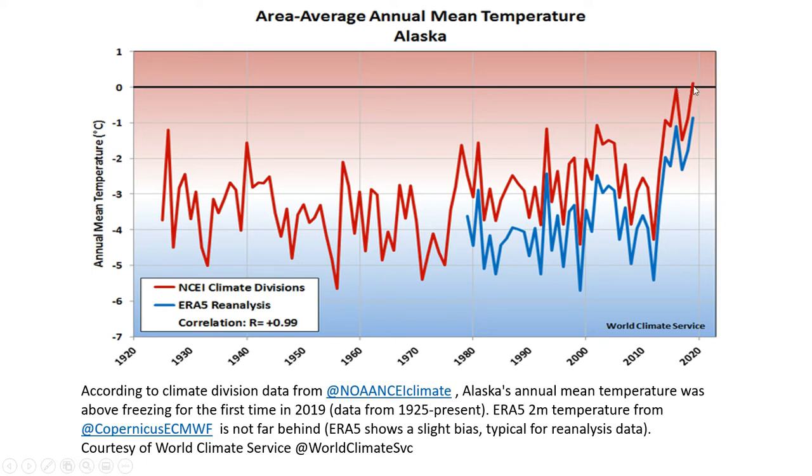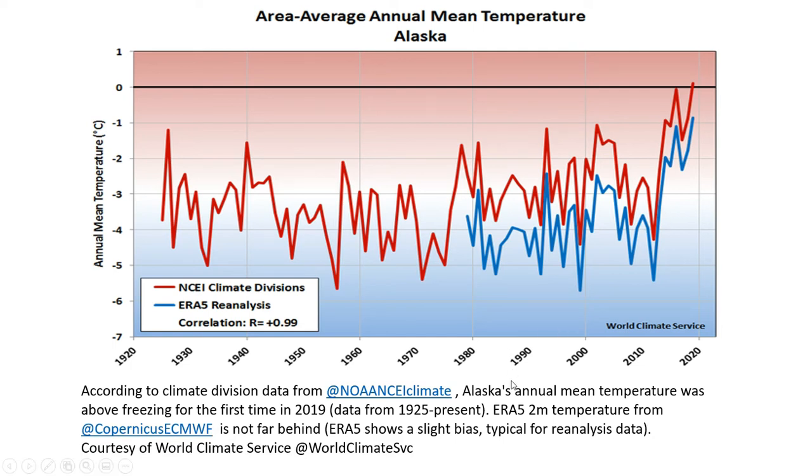For the first time, for the entire state, from Ketchikan up to Barrow, out to the Aleutians, whatever. First time the entire state had an average temperature above freezing. Typically, the average temperature for Alaska is in the realm of about -3, -4 C. About 26, 27 degrees Fahrenheit, something like that.